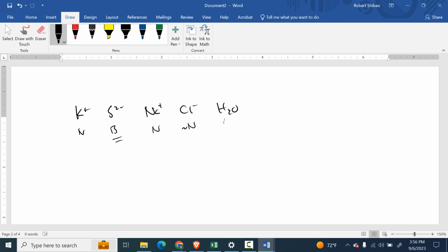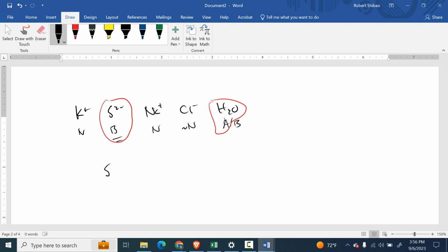Water is going to be both an acid and a base. So we pick the strongest acid present and the strongest base present. Well, the strongest base stands out, sulfide. The strongest acid doesn't really stand out. In fact, we only have one acid, that's going to be water.